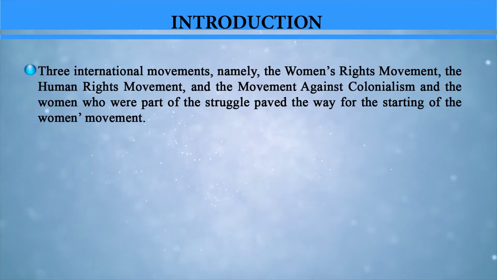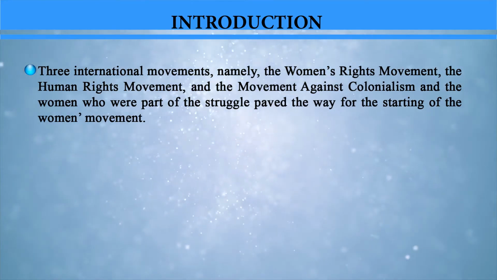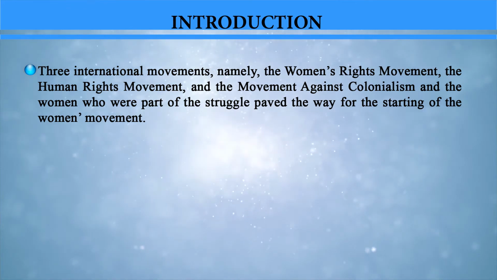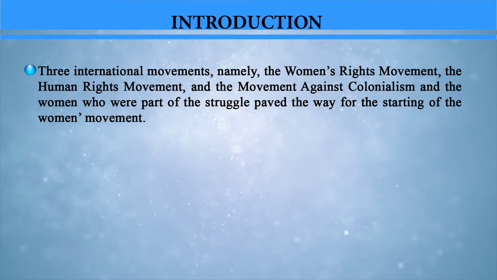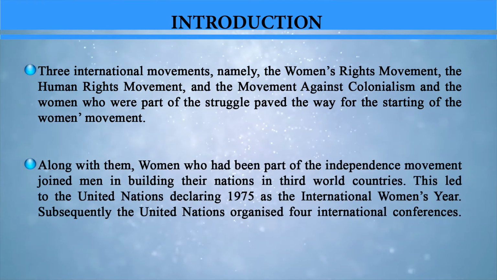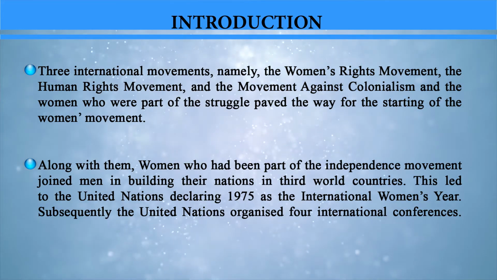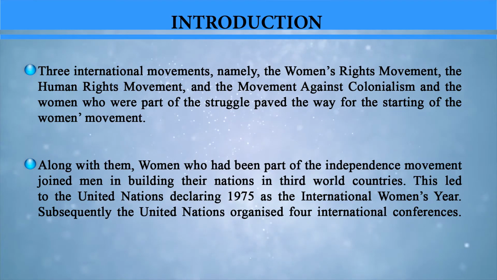Three international movements, namely the women's rights movement, the human rights movement and the movement against colonialism, and the women who were part of the struggle, paved the way for the starting of the women's movement. Along with them, women who had been part of the independence movement joined men in building their nations in the third world countries. This led to the United Nations declaring 1975 as the International Women's Year.